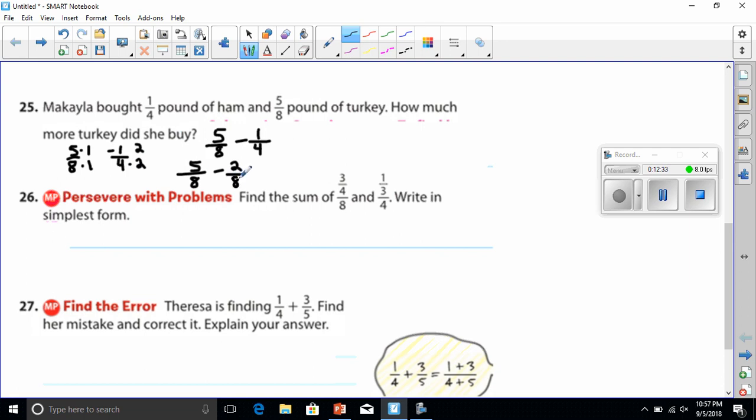Now you see I have my denominators the same. Since I have like fractions now, I can simply subtract one numerator from the other. 5 minus 2 is 3. So I know that I have 3/8 more pound of turkey than I do of ham.